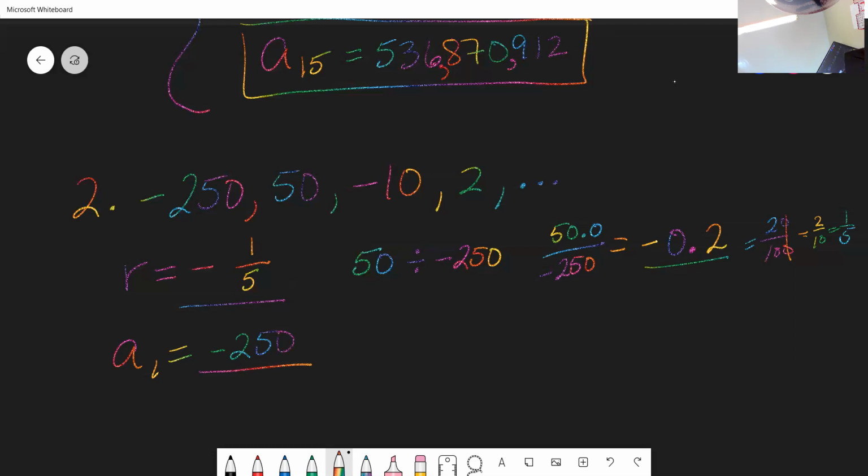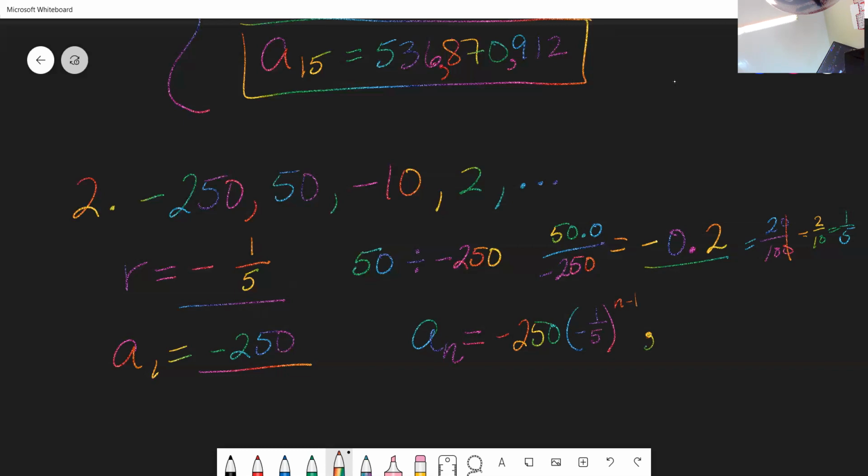Therefore, our recursive formula is AN equals what? Negative 250 times negative 1/5 with the power of n minus 1 with a1 defined as, wait a minute.